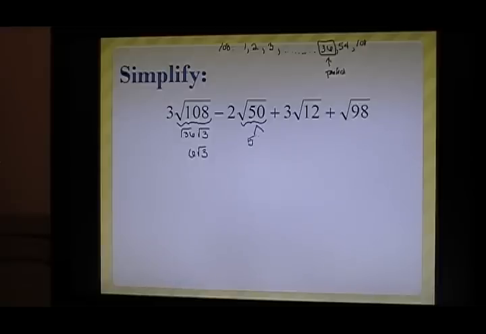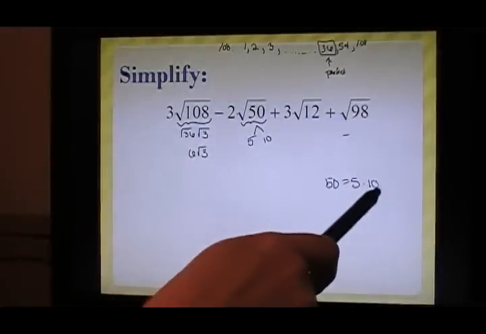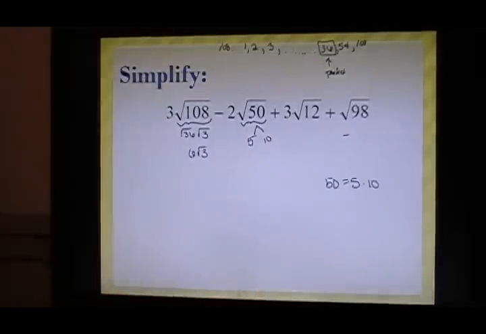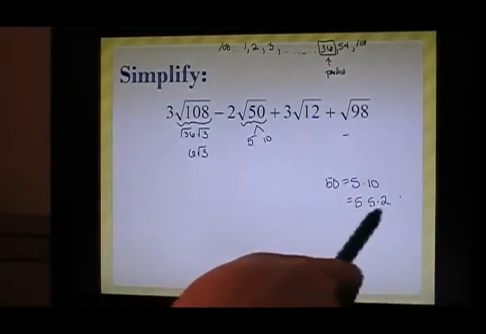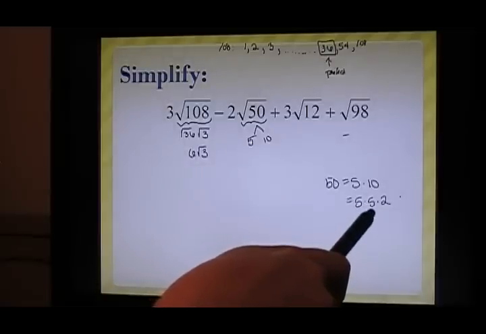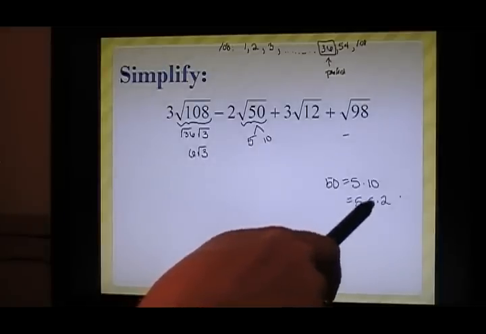What if you say, well, I know 5 and 10 go into 50, so 50 is 5 times 10, but here, I'm not seeing a perfect square, and even if I break this down, this 10, I have 5 times 5 times 2, I still don't have any perfect squares in my list, but we do have in our list 5 times 5, which is 25, and 25 is a perfect square.